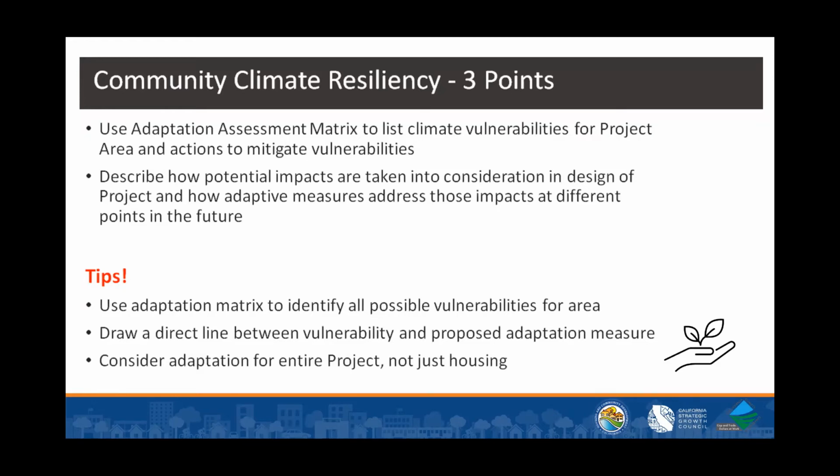A few tips: use the adaptation matrix to identify all possible vulnerabilities for the area. Link the vulnerability and proposed adaptation measure, and consider adaptation for the entire project, not just the housing portion of it.